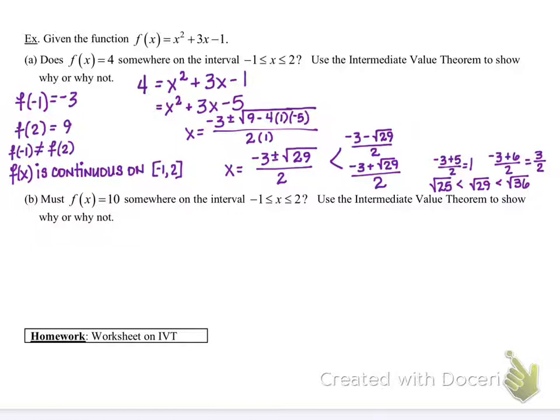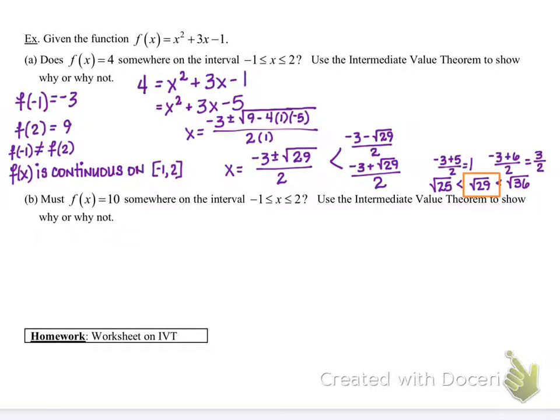Okay, so I've written this out for those of you who didn't understand what I was saying when I was saying about 5. So we know that the square root of 29 is somewhere between the square root of 25 and the square root of 36. Well, the square root of 25 and the square root of 36 both fall in the interval. So it only stands to reason that the square root of 29 would also give us something in that interval.